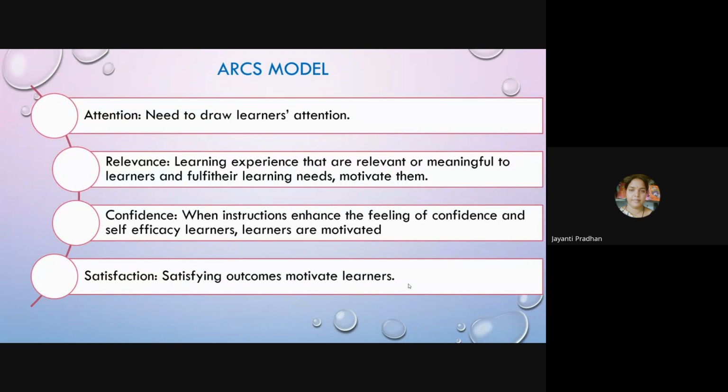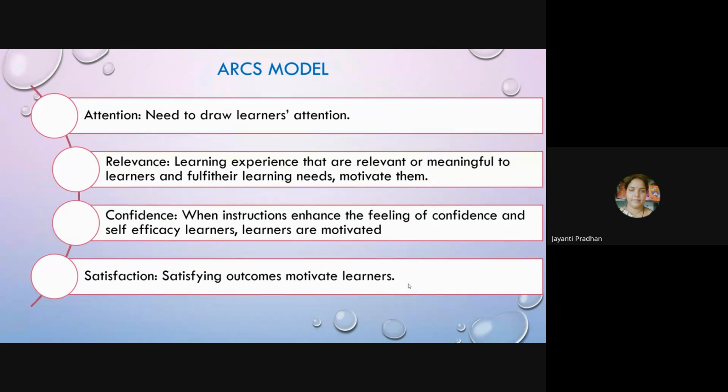So the first step is to draw the learner's attention. For that we must know about their interest. If we put in the instructional design the things they are interested in, then definitely their attention will remain. So analysis will be there. Attention is given the foremost importance.